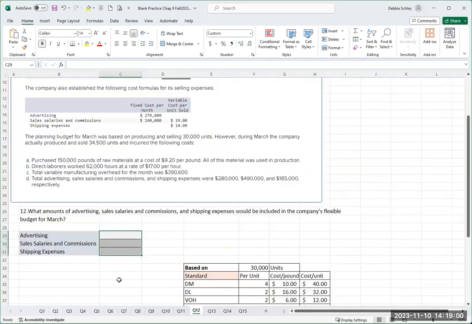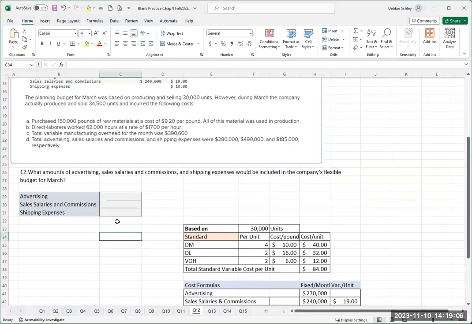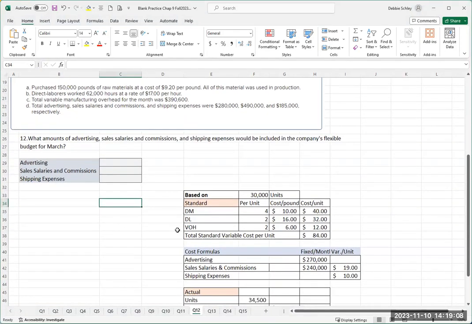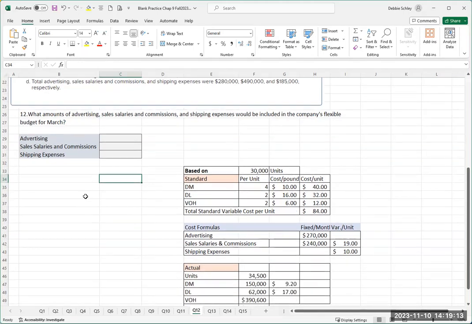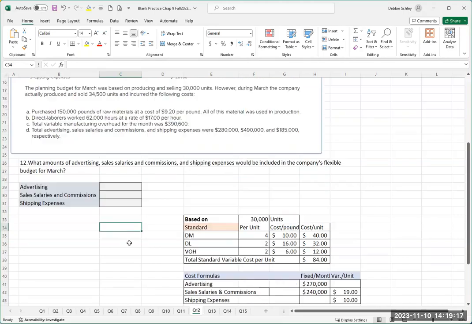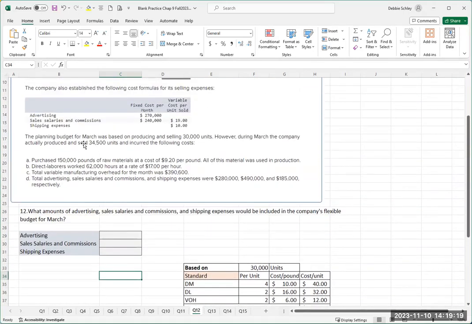Okay. Question 12. What amounts of advertising, sales, salaries, and commissions and shipping expenses would be included in the company's flexible budget for March? So this, we're going to use our cost formulas that they told us about, right? This chart right here.